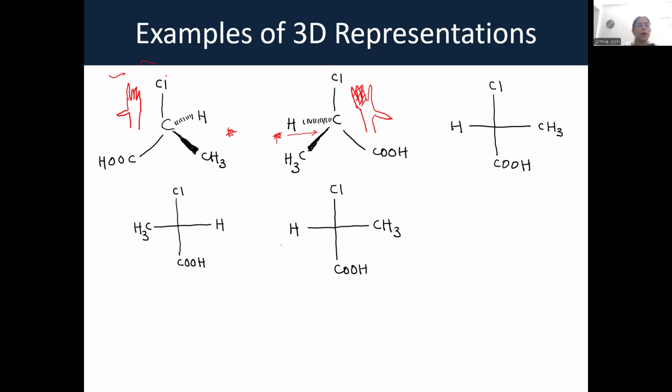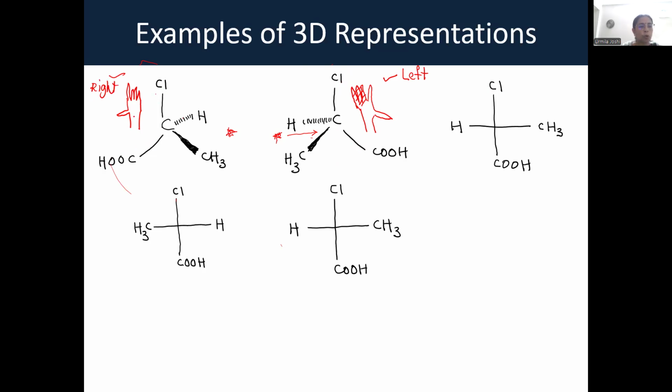Okay. So you are going to use your right hand for this, and you are going to use your left hand for this particular structure. You are going to use your left hand. It depends upon what is the direction of the two straight lines in plane lines. Here you are going to use your right hand.